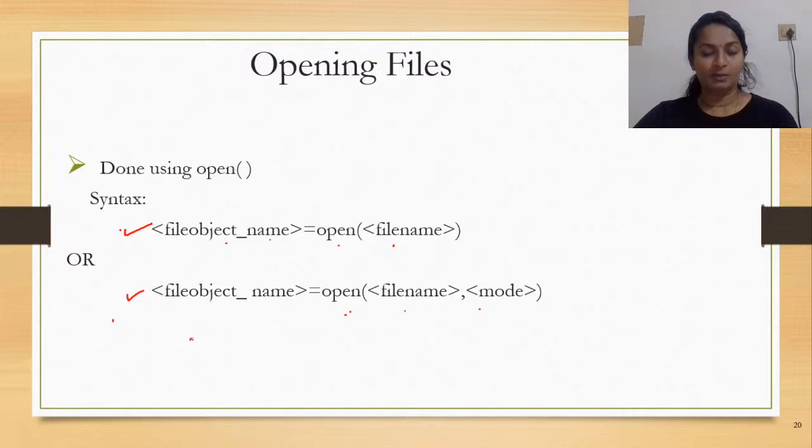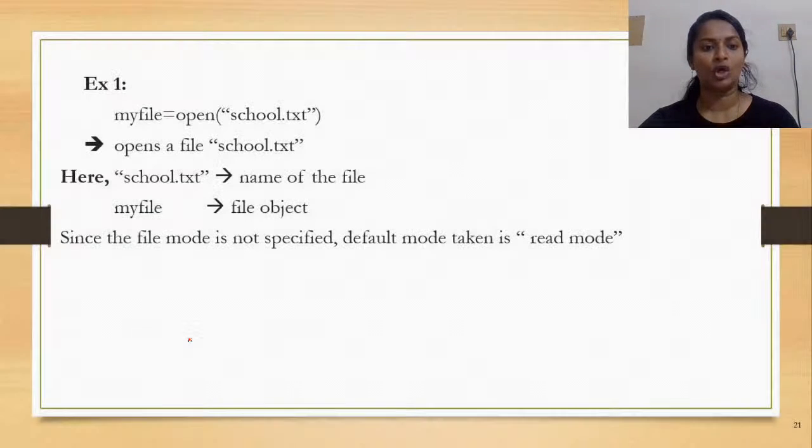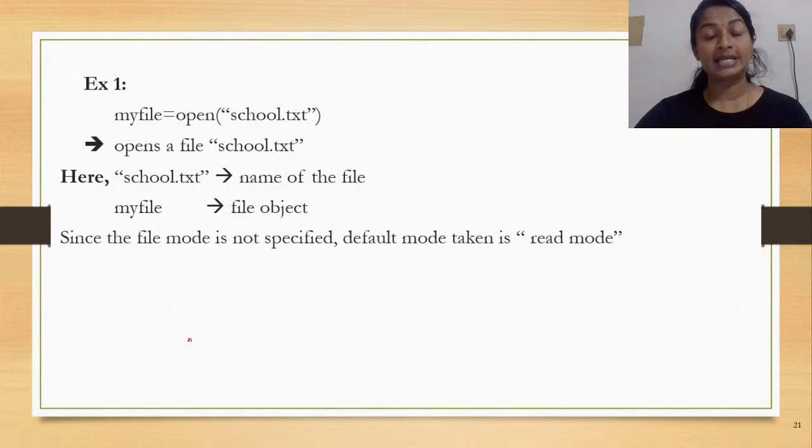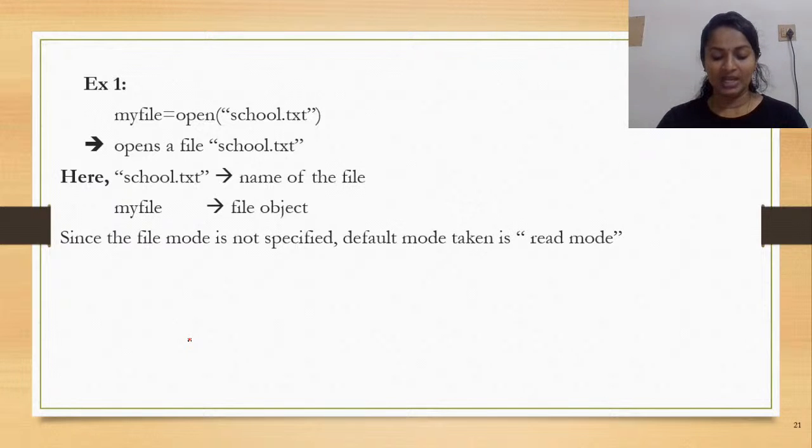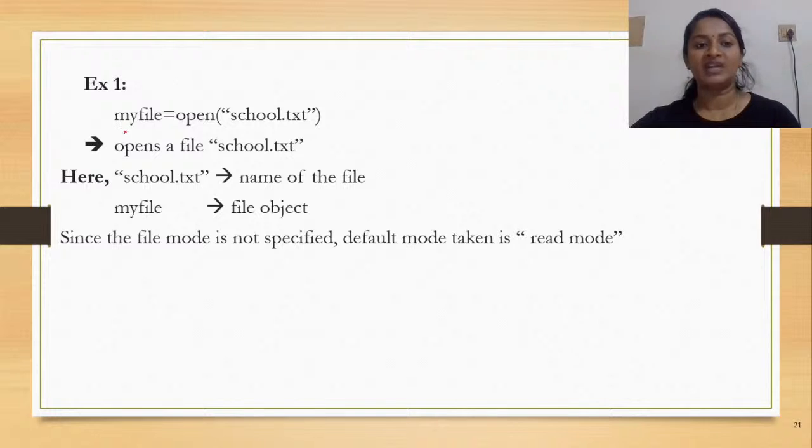You were talking about the third parameter, right? The third parameter is like this. So shall we move on? Let us see a few examples to understand this better. See here, I have an example.